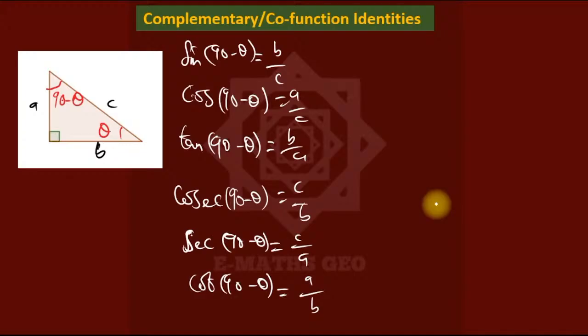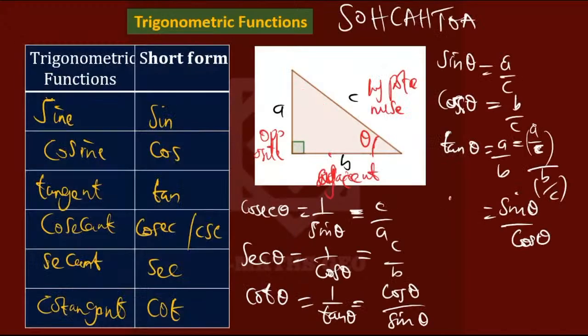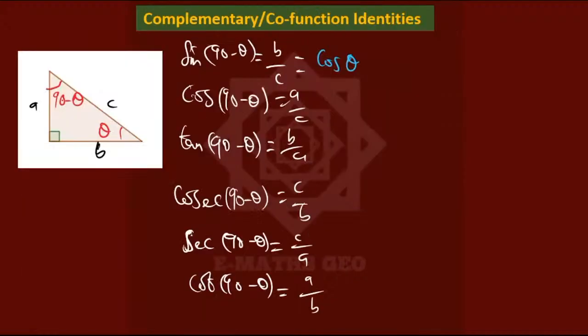Remember, from what we've just checked, B over C is cos theta because we're using the same triangle as the former one. So A over C is sine, and B over A is tan.